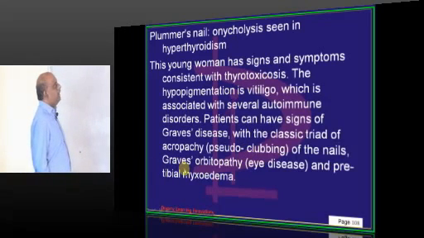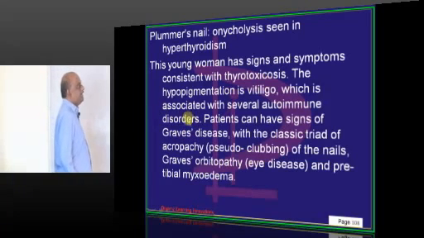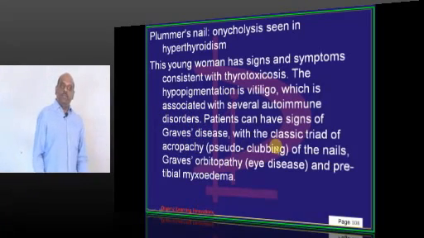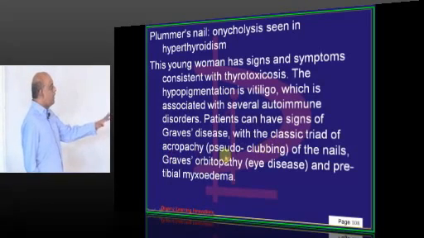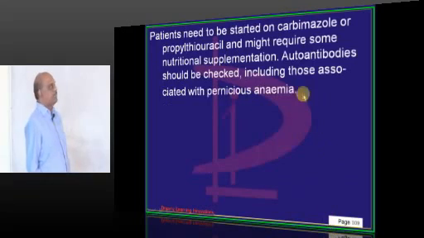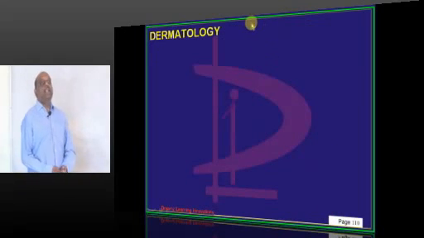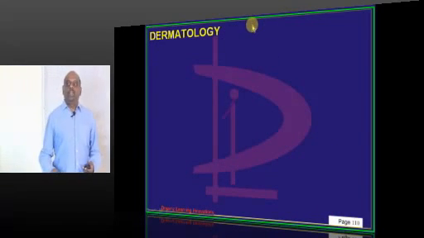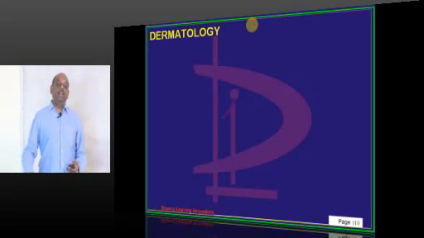Then hypopigmentation, typically along with vitiligo, is a feature of autoimmune conditions like Addison's. And Graves' disease patients will have pseudo clubbing, ophthalmopathy and pretibial myxedema. So these are all the classical telltale systemic signs of an internal disease.